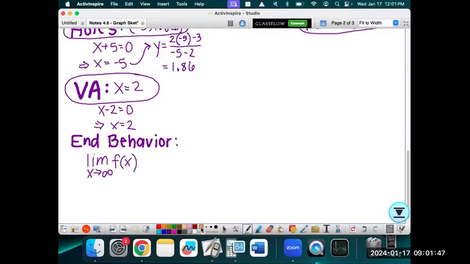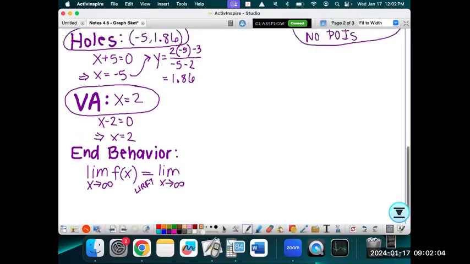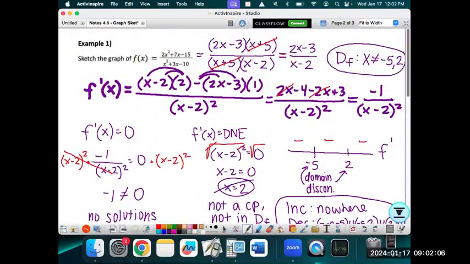But because this is a limit at infinity and f of x is a rational function, I can use LERFT. So it's really just the limit of the leading terms as x goes to infinity. The leading term in my original function f of x is 2x squared and x squared.